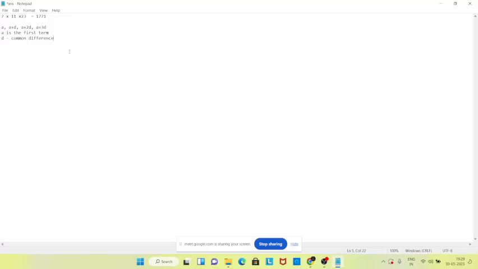So if the Tn plus 1th term is A plus 3D, let us say, then the Tnth term is A plus 2D, and the Tn minus 1th term is A plus D, isn't it? So Tn plus 1 term is A plus 3D, Tn term is A plus 2D, Tn minus 1 term is A plus D.